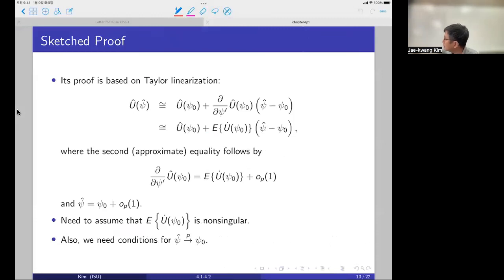I'm not going to talk about a lot of details, but here's a sketch of the proof of the result of this lemma. You have a 0, but this 0 is this guy, and you take the linearization, a first order Taylor expansion. Then this guy is a sample mean.